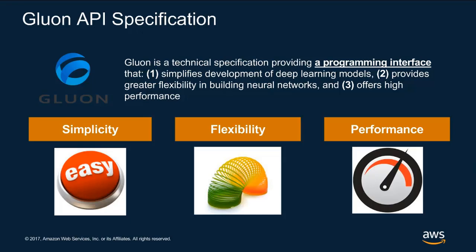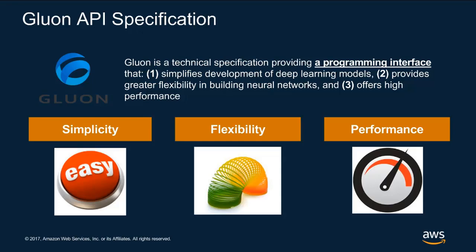It provides a higher level interface, so it's easier to use. It's a fully imperative interface that provides greater flexibility in how neural networks are constructed. And it allows you to achieve high performance very easily when you are training your models.